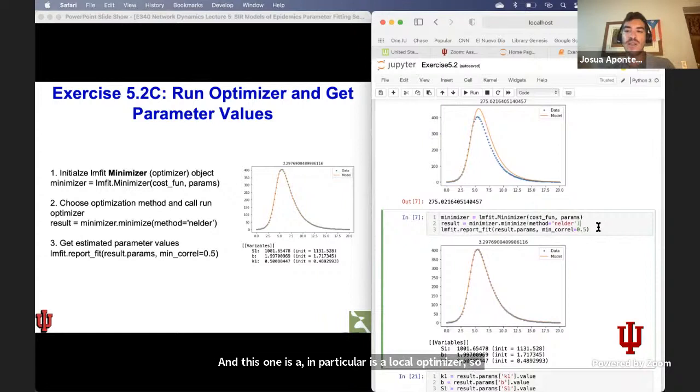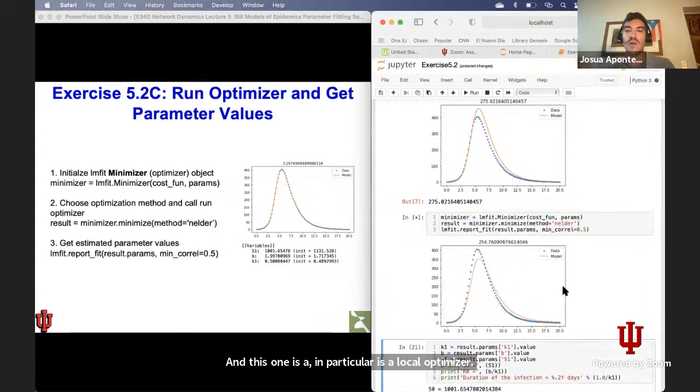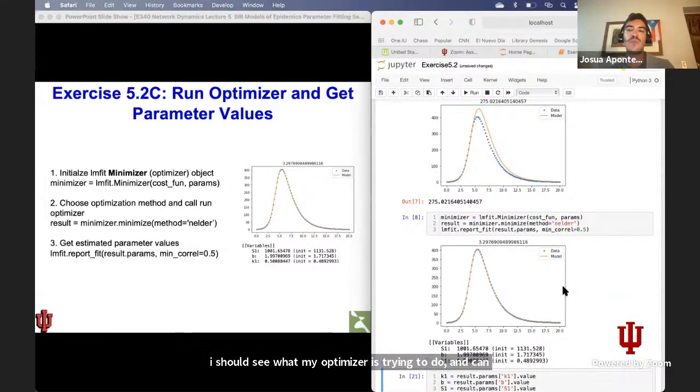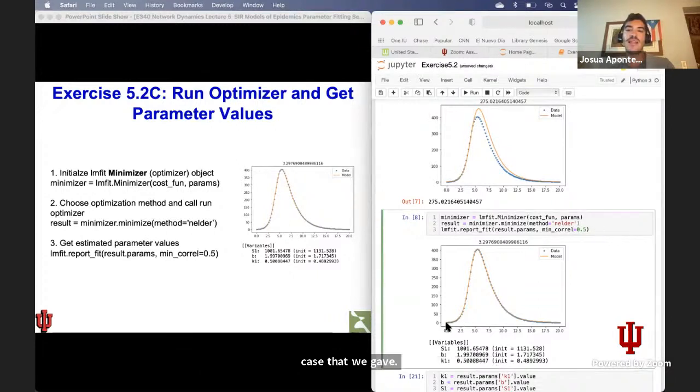So if I run this code, I should see what my optimizer is trying to do. Can someone tell me what it's trying to do? What did the optimizer do compared to this, where we started? This is the initial guess that we gave, and then the optimizer did something and ended up here. What did it do?